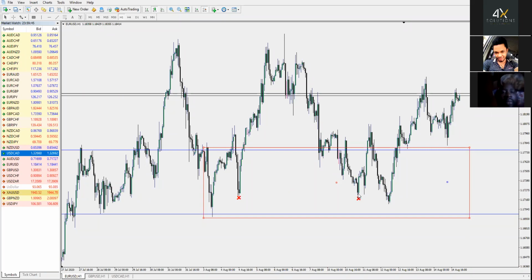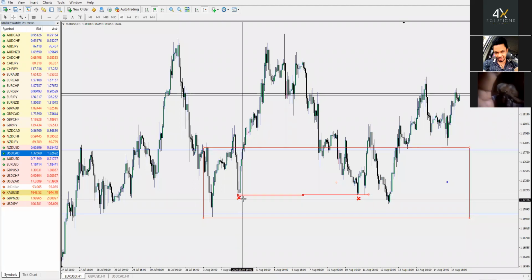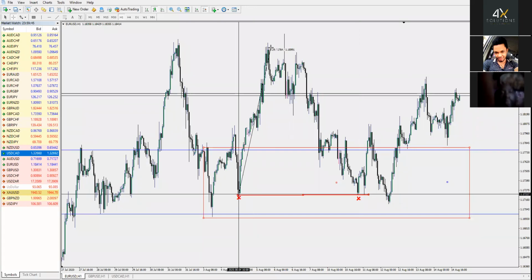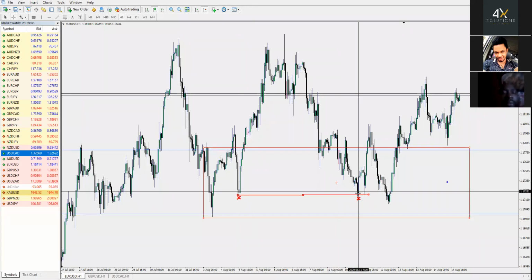Here we have liquidity, which makes two lows in equal lows. So those two are equal lows. There is a lot of sell side liquidity for breakout traders or buy stop losses sitting below these points, because these rallies were an accumulation of a large amount of pips. So there is liquidity sitting below here.